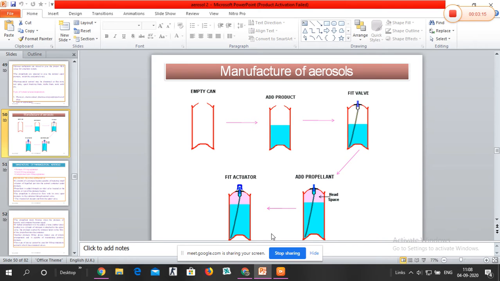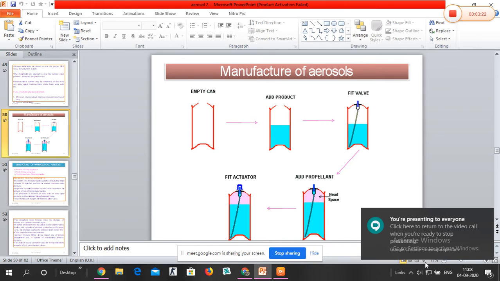Now is it visible? Okay. Okay, is the screen visible now? Okay, okay, thank you.